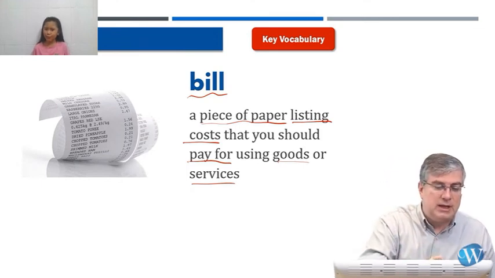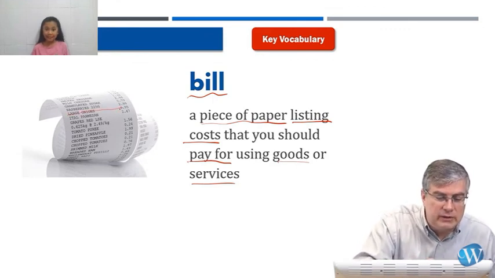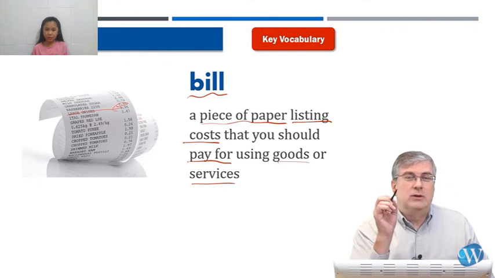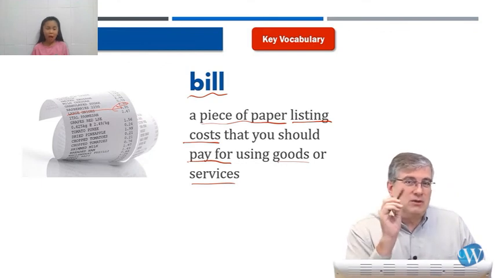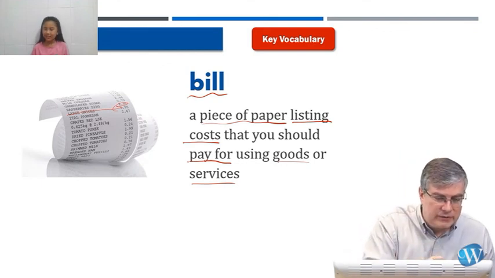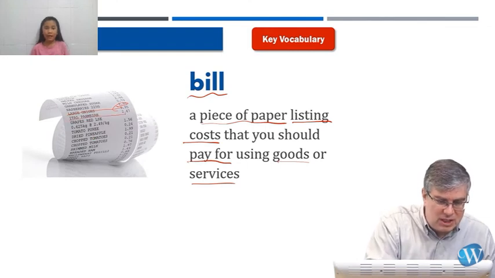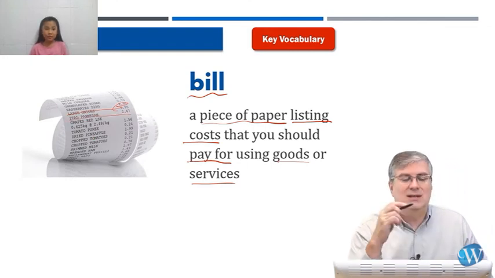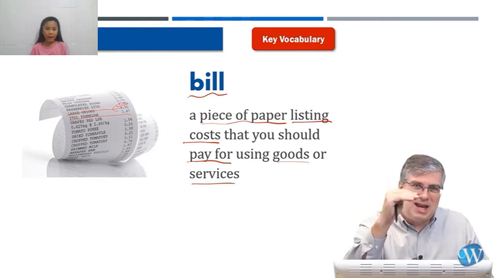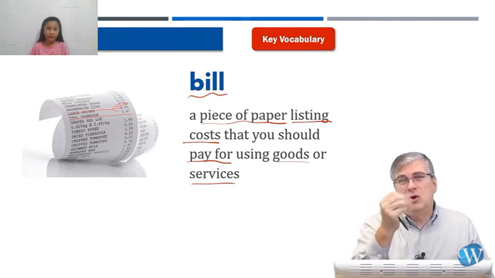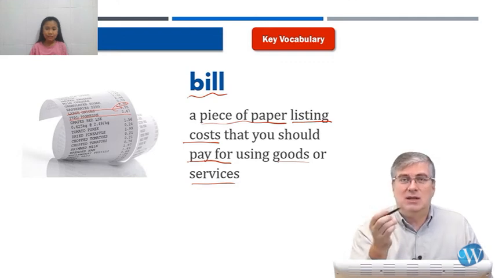Let's say you go to the grocery store and you buy things. They will show you what you bought and how much it costs. It will show you the total amount, and your job is to pay it. So the bill is everything that you've bought.